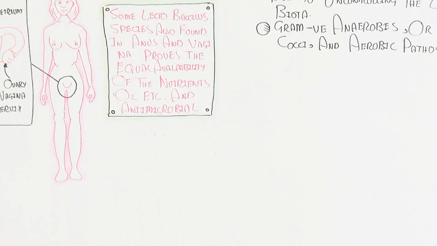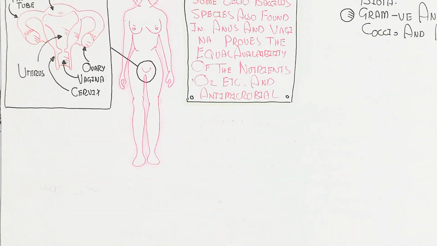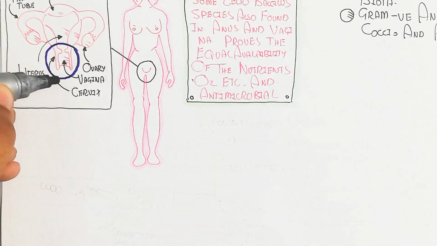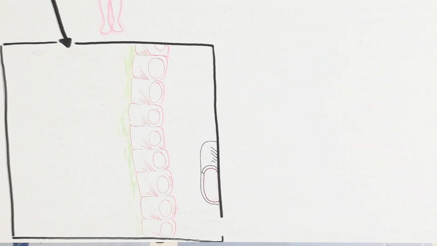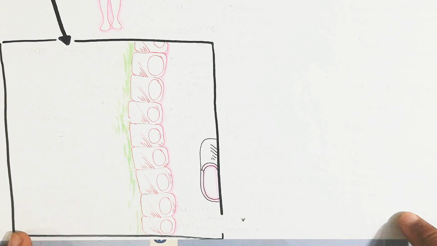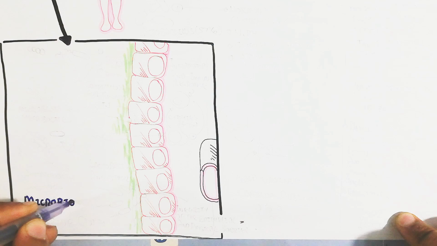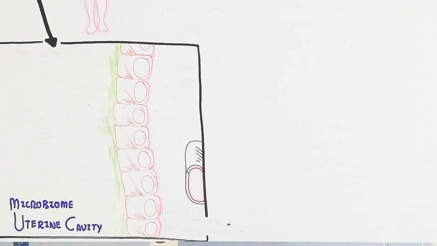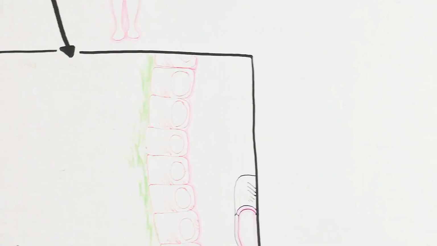Let's understand further the bigger picture of the vagina, where the epithelium is present, and the epithelium contains microbiota on the lumen side, in the microbiome in the uterine cavity. So this is the uterine cavity, and the green color is showing the mucus-like structure.